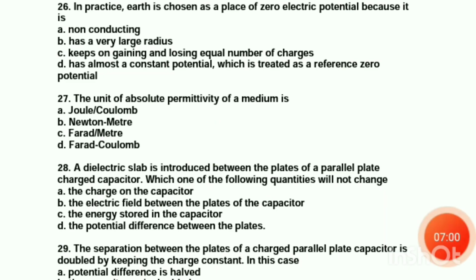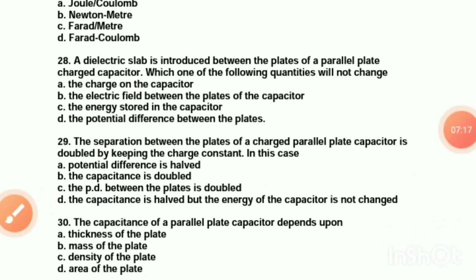C தான். அடுத்து a dielectric slab is introduced between the plates of a parallel plate charged capacitor. Which one of the following quantities will not change ன்னு கேட்குறாங்க. The charge on the capacitor. A தான். அடுத்து the separation between the plates of a charged parallel plate capacitor is doubled by keeping the charge constant.